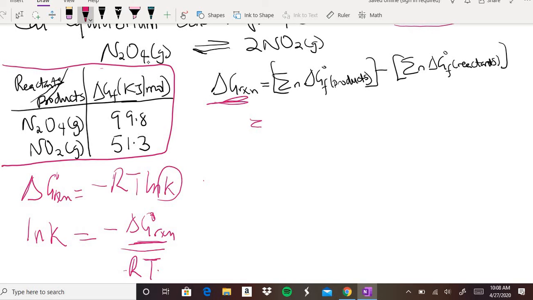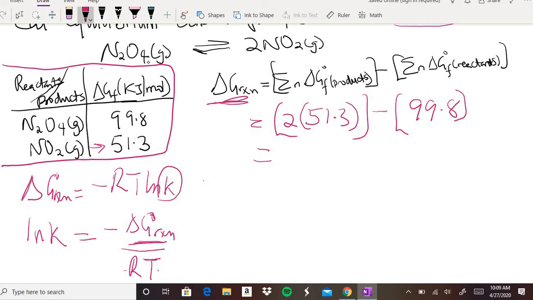We have only one product and one reactant here, which makes life easier. We have 2 moles of NO2, and our NO2 is 51.3, minus 1 mole of N2O4, which is 99.8 kilojoules.